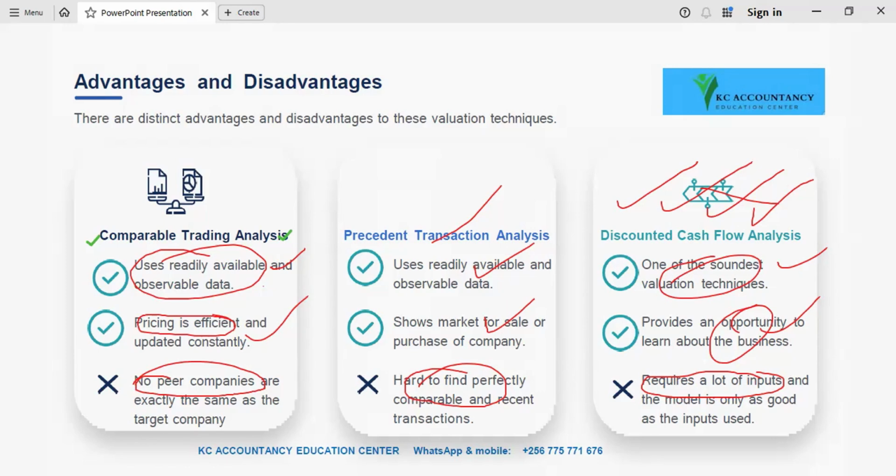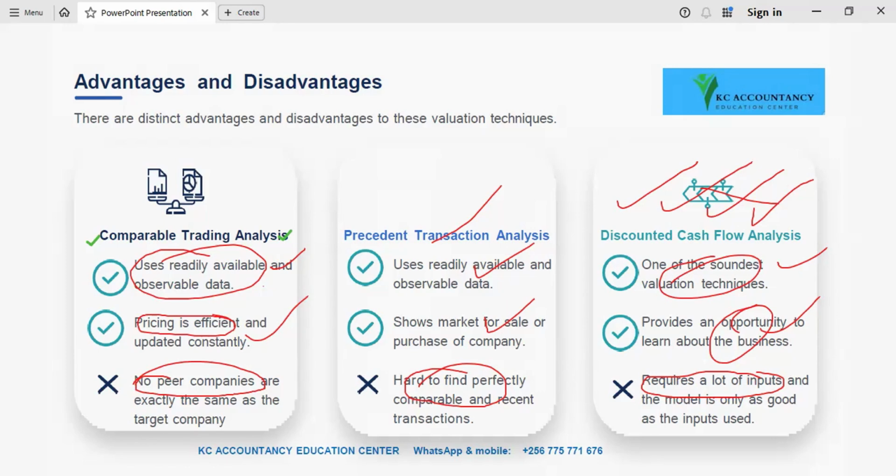If you get wrong inputs, you are going to get wrong results and make wrong conclusions. So we need to be very careful and make sure that we are comfortable with the inputs we are going to use, and that they make economic sense, not just picking figures that don't add up to anything. You can't reason them out.